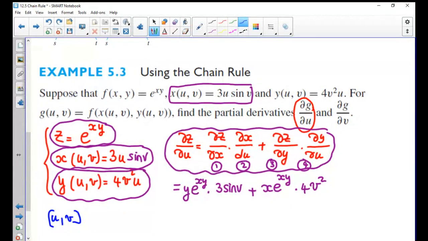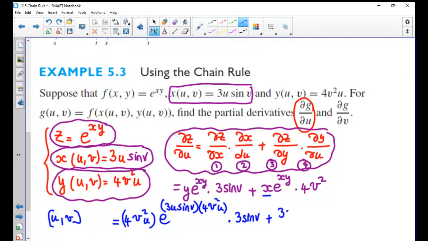We substitute. So it's going to give us y, which is 4v squared u, multiplied by x, which is 3u sine v, multiplied by the y, which is 4v squared u. Multiply all of this by 3 sine v, plus the x again, 3u sine v.